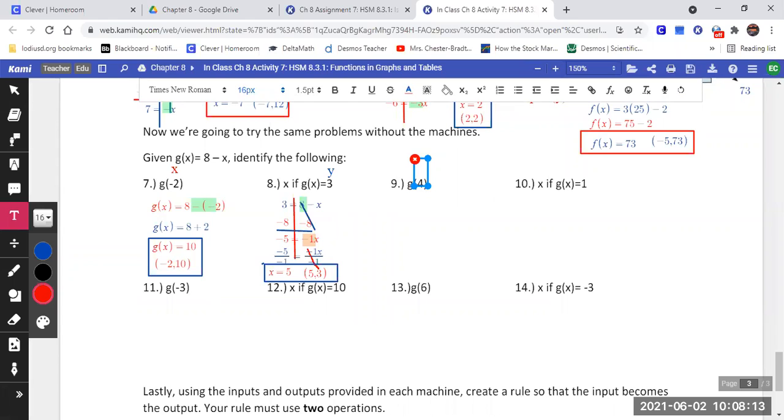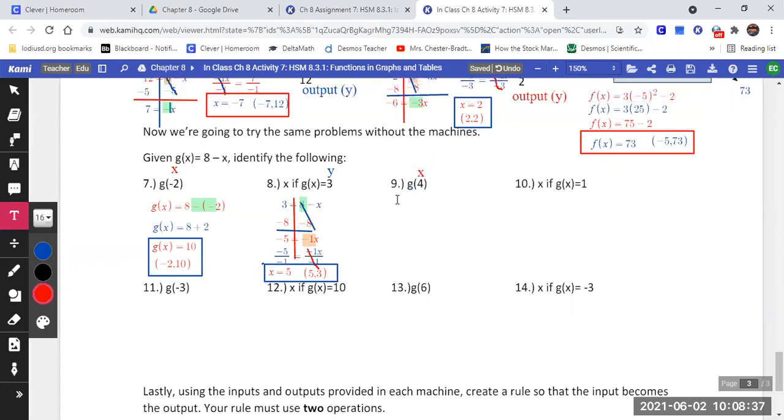The x, because it's inside the parentheses, it's the x. So we're replacing the x in our function.